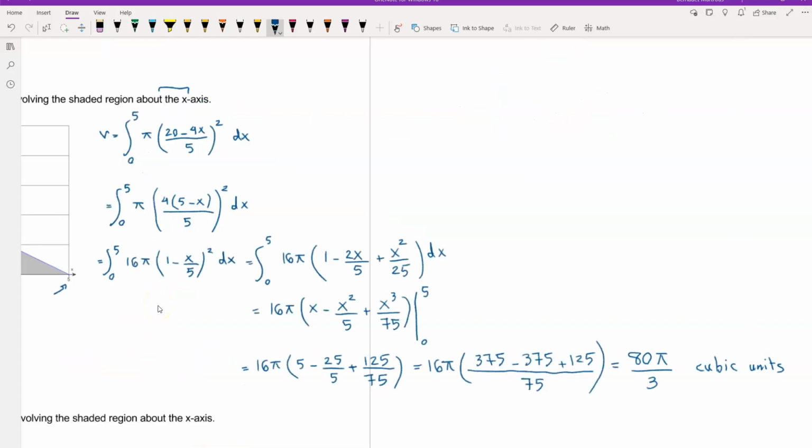Now what I did on this part, I factored out 4. For 20 minus 4x, what we have in common is 4, and that is 4 times 5 minus x.